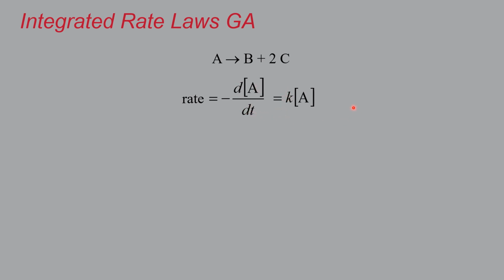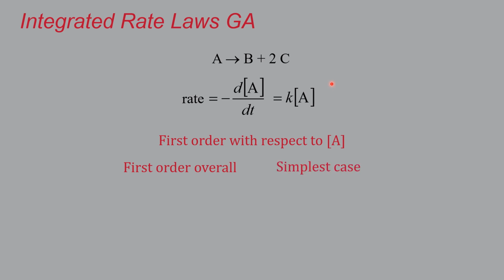If it's a first order reaction, this is equal to the rate constant k times A to the first power. Again, remember, in the rate laws, usually only reactants show up. This means that this reaction is first order with respect to A, and since A is the only reactant, and by extension the only term in the rate law, it's first order overall. This turns out to be the simplest case.